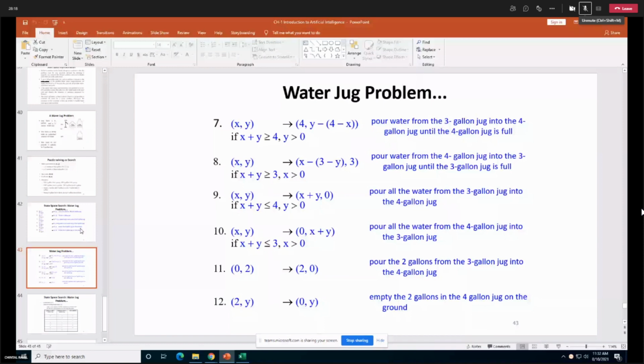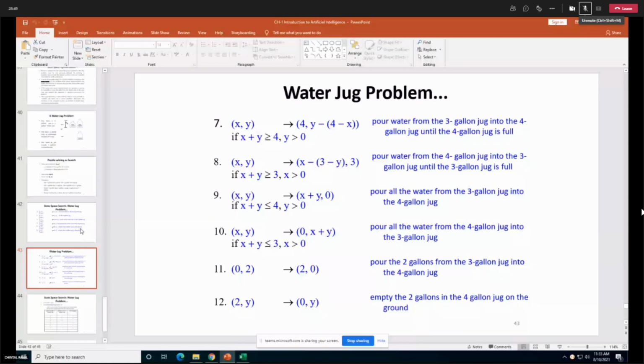Rules 9 and 10 tell you to pour all the water. The first set of rules says you pour the water until the jug is completely filled. But the next set says that whatever amount of water is present in the jug you are pouring from, you can pour all of it, but you should not think that the other jug will get completely filled.